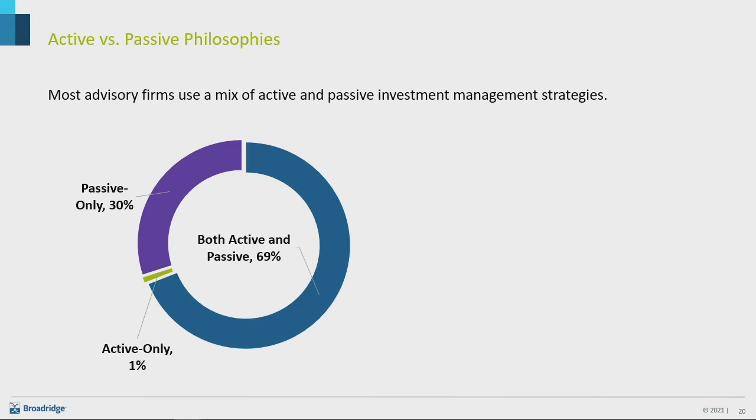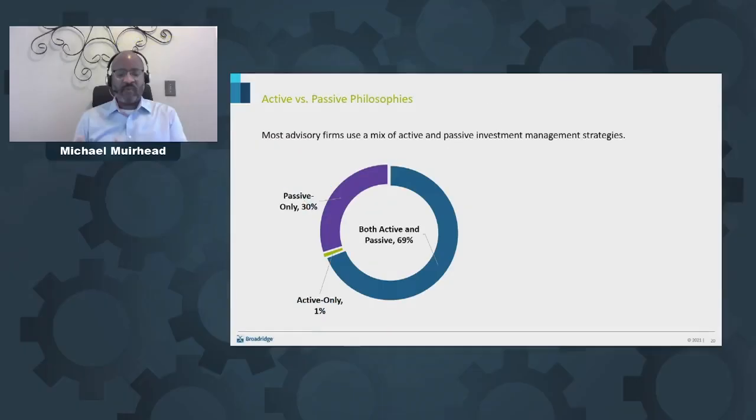Here again, the age-old debate around active managers seeking additional alpha or additional return versus the low cost of index investing. And what we're looking for here is, again, that there's some documentation around the recommendation process.